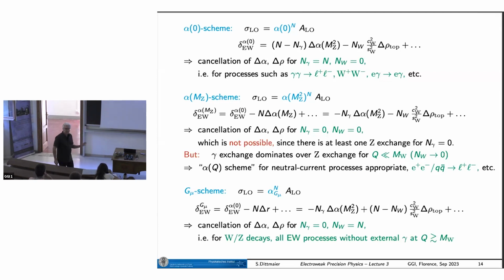So the question is, are there any processes fulfilling this? The answer is yes. For example, at high energies, I can have photon-photon going to an electron pair or W pair, or I have high energy Compton scattering, then the thing here doesn't exist. It's 0. That means the alpha 0 scheme is describing these processes at high energies best. Huh? All these 6% corrections or so, they are gone.